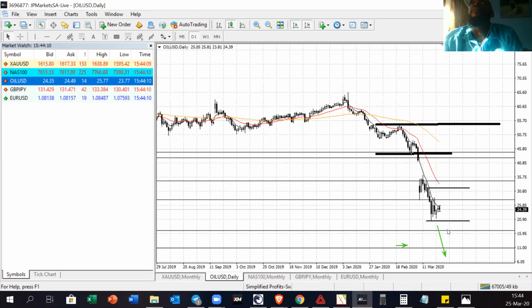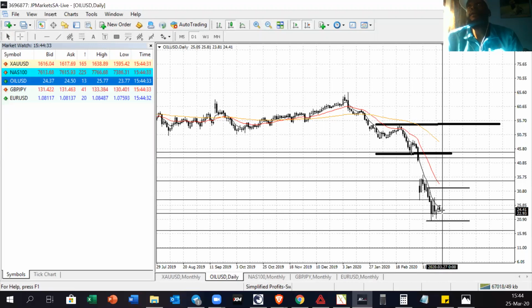This is where we're at with it. So that's plan B. Plan A is sell the break of 23.50. Plan B, sell the break of 22.